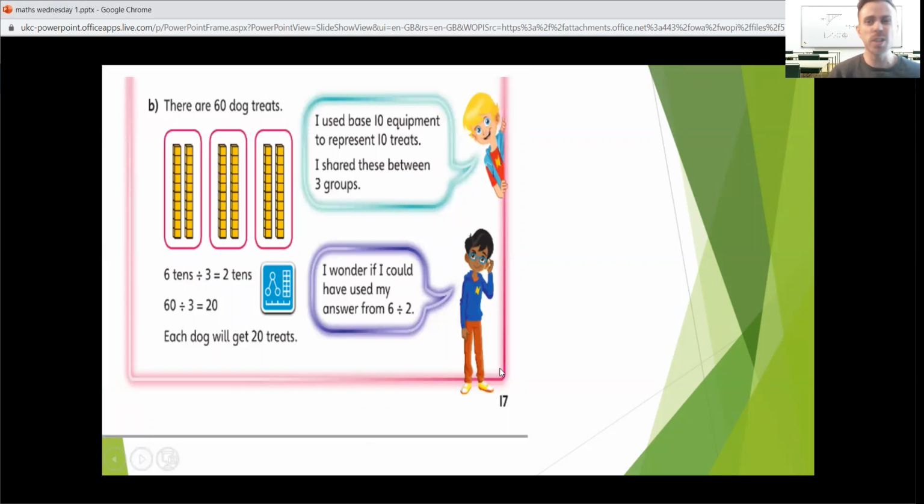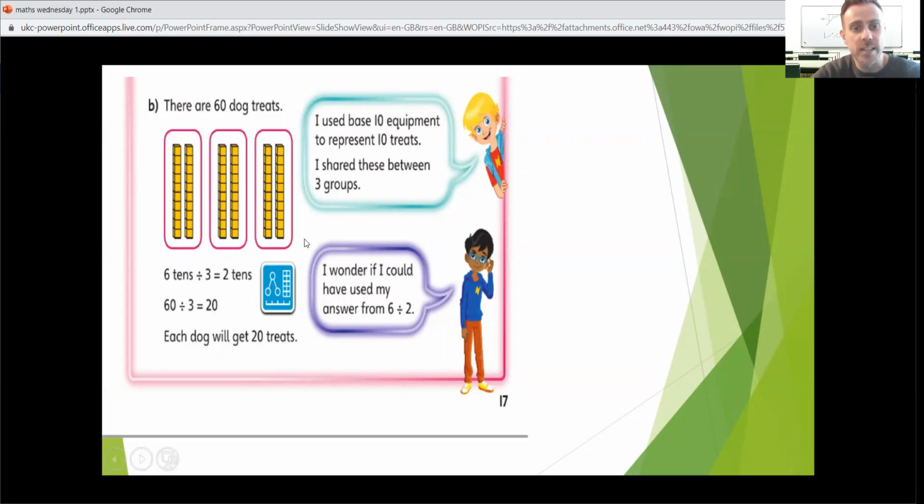Second one was slightly more tricky because it was a bigger number, but if you do the same sort of thing, if you realize it's a related calculation, you should be able to do it because there were 60 dog treats and there were still 3 dogs. There weren't loads more dogs. What you had to do was 60 divided by 3, which equals 20. Okay, so what you could have used, it's just showing you here, you could have used some base 10.